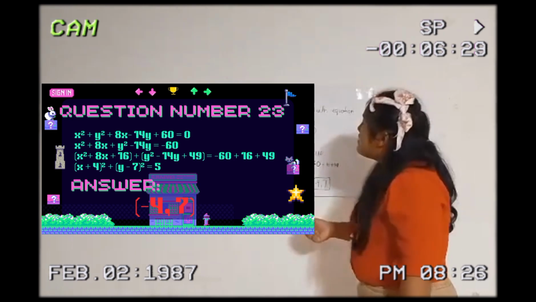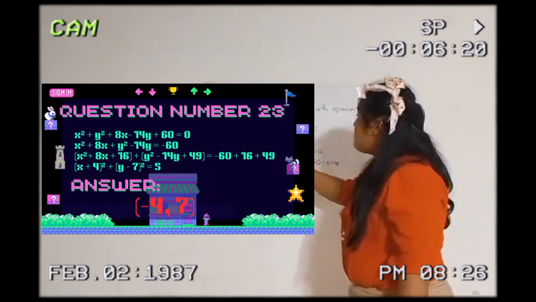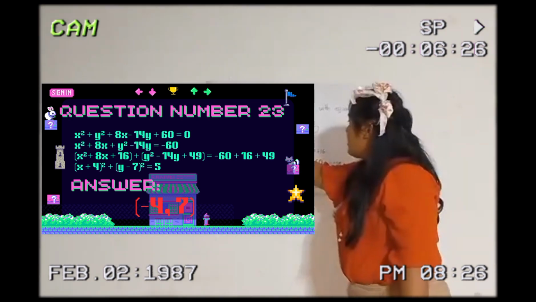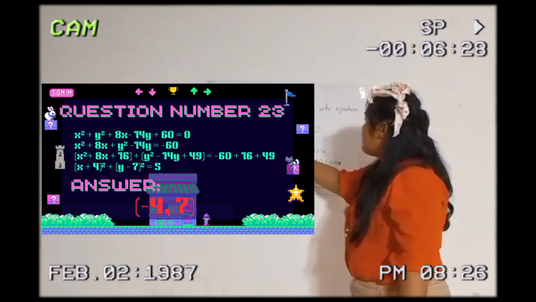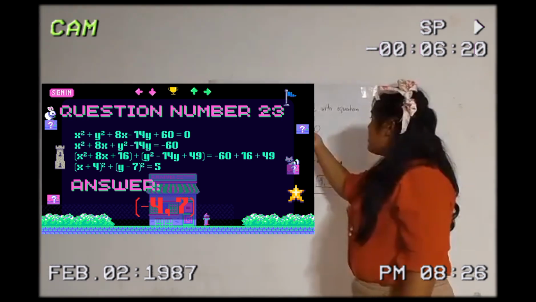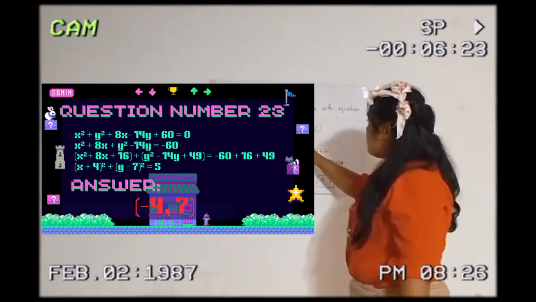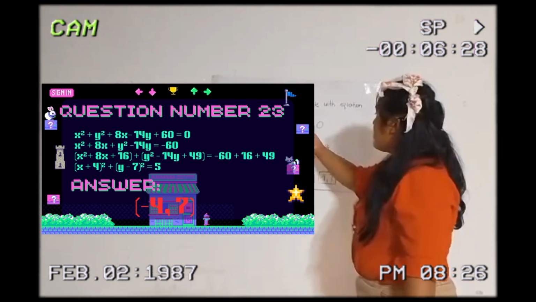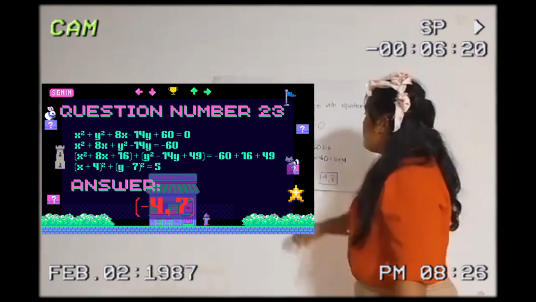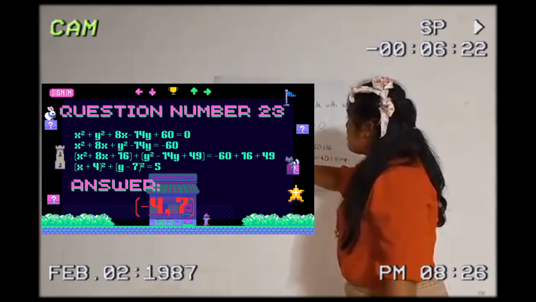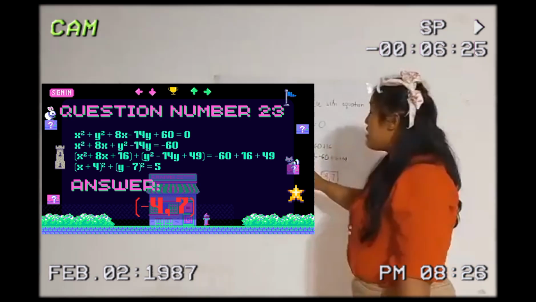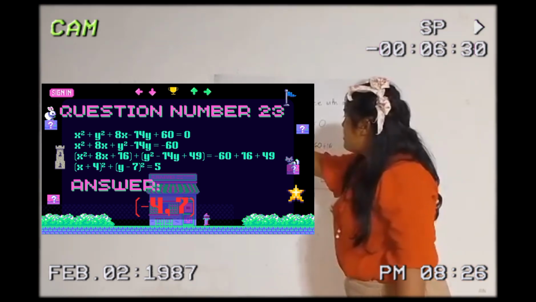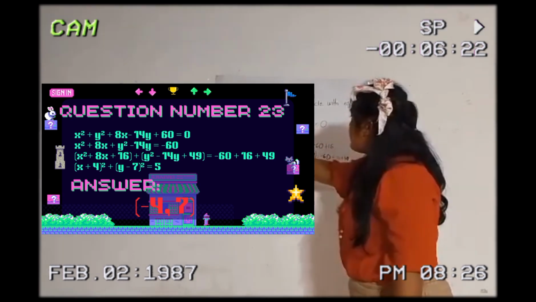First, we will arrange the equation: x squared plus 8x plus y squared minus 14y equals negative 60. We transpose the 60 from positive to negative on the other side of the equals. Next, we complete the square: x squared plus 8x plus 16.